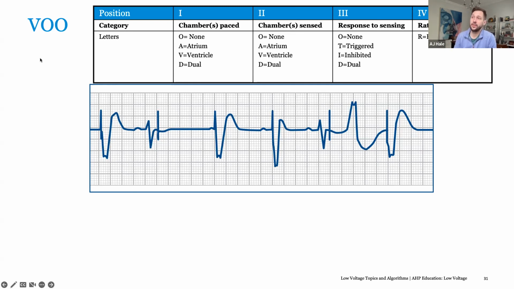In this case, 60 beats a minute is 60,000 divided by 60 equals 1,000 milliseconds. So programmed VOO 60 means it paces, and here you see it captured. It waits 1,000 milliseconds, or the equivalent of 60 BPM, and it paces again.